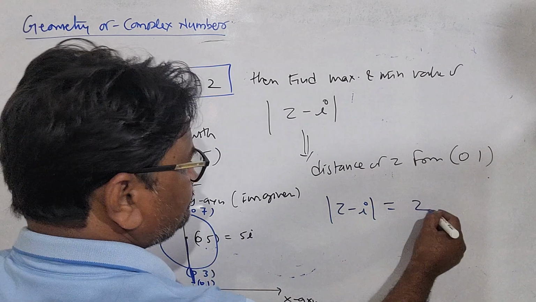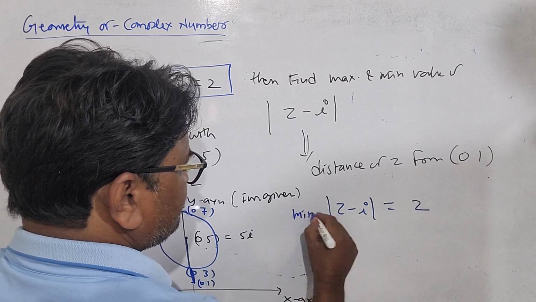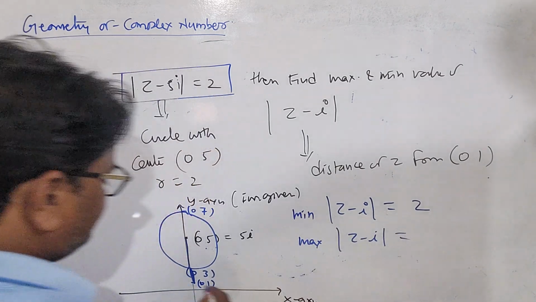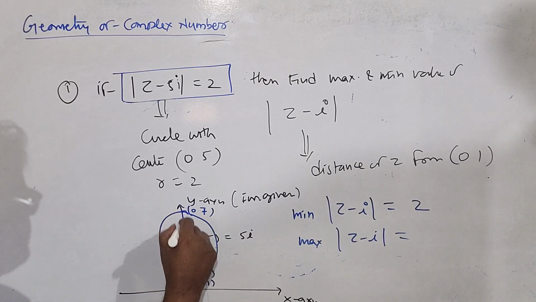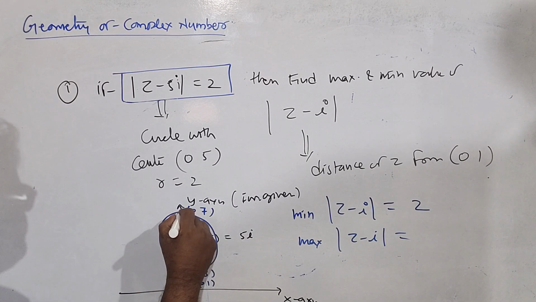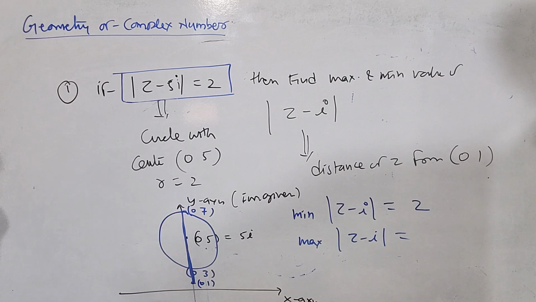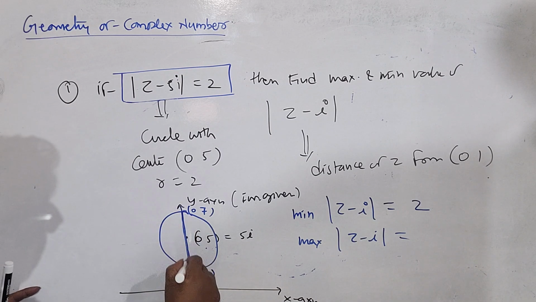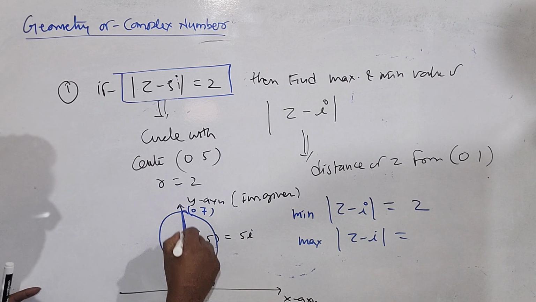This is the minimum distance. So this is 2, and the minimum is 2. And the maximum of |Z - i| is this distance from here to here, 6. This is 1. What is the whole distance?